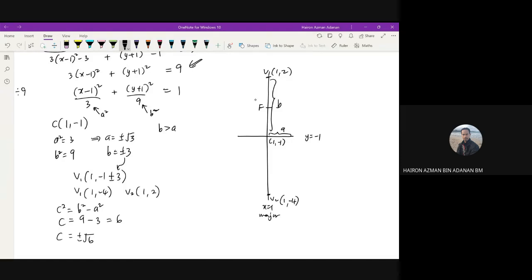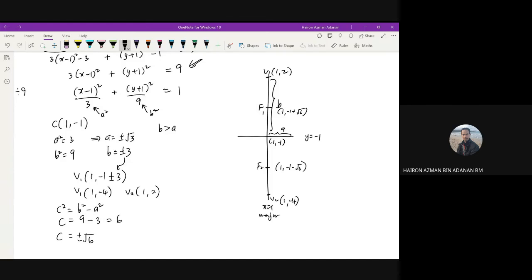The x value of the focus is 1, and then this one is negative 1 plus square root 6. Okay, first focus. Second focus, 1, negative 1 minus square root 6.